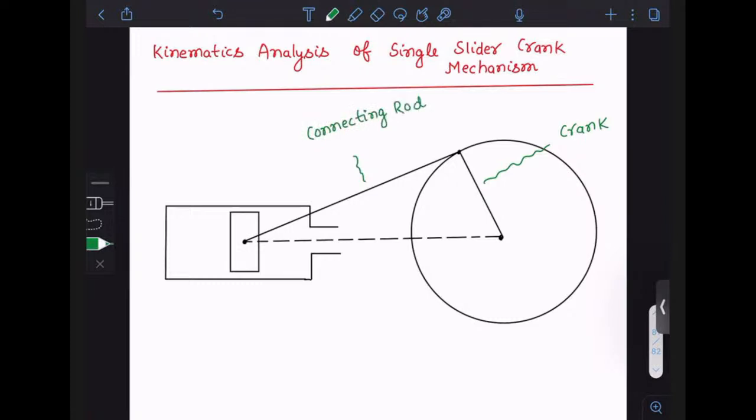Suppose when the crank is at this point, the piston will be in this position, and it is going to move. This is called the top dead center, TDC, and this is called the bottom dead center.